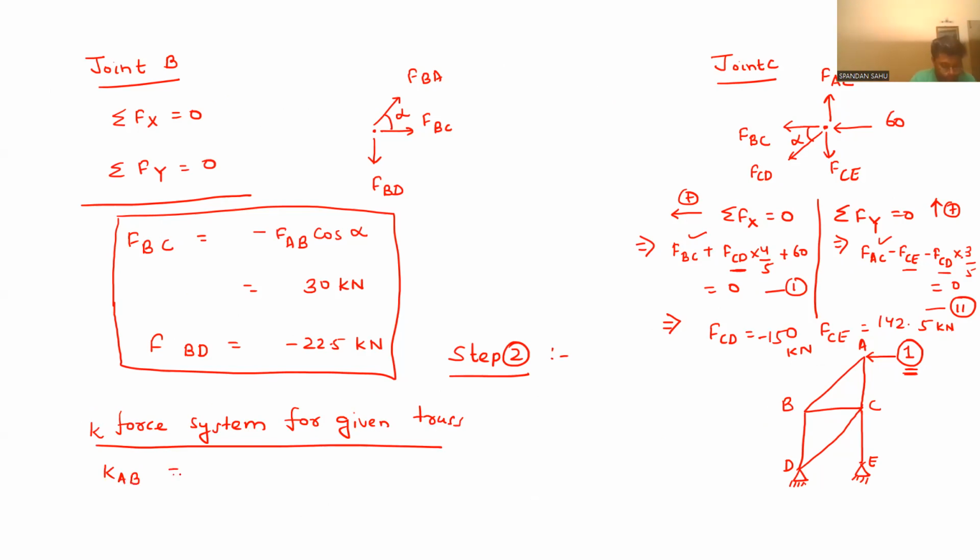KAB will be minus 1.25 units, KAC, KB, KBC will be 1, KAC will be 0.75, KBD will be minus 0.75, KCD will be minus 1.25, and KCE will be 1.8.